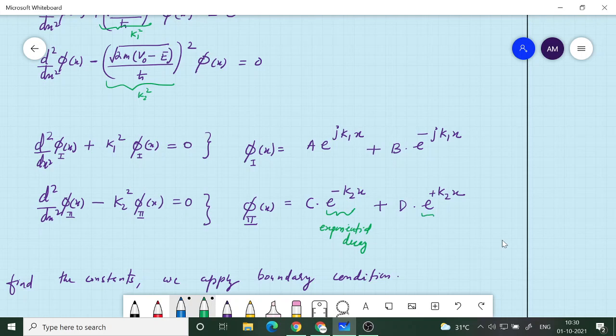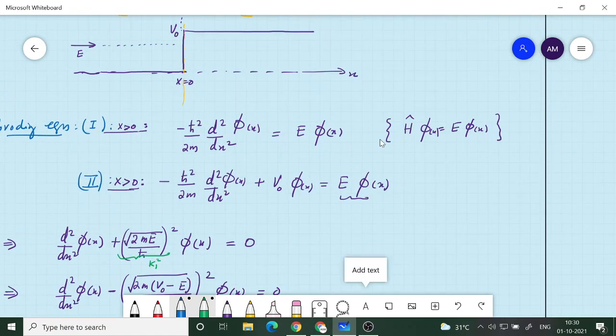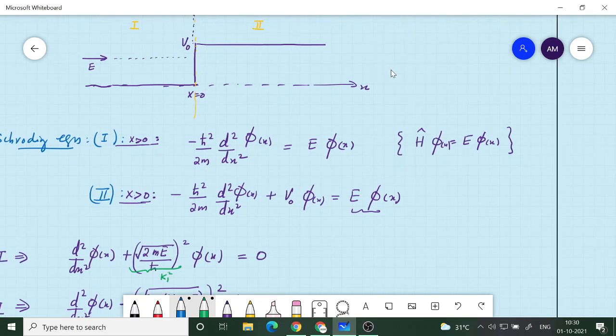Whereas this one is exponentially growing. If that part exists, you will have exponential growth, and as x goes to infinity it blows up, which is really unphysical.